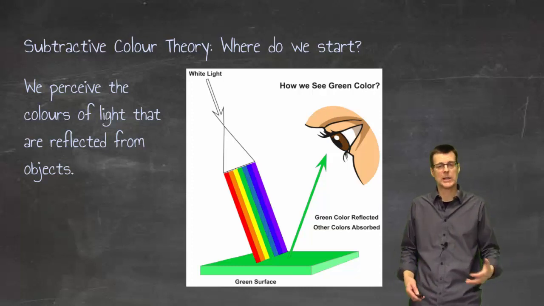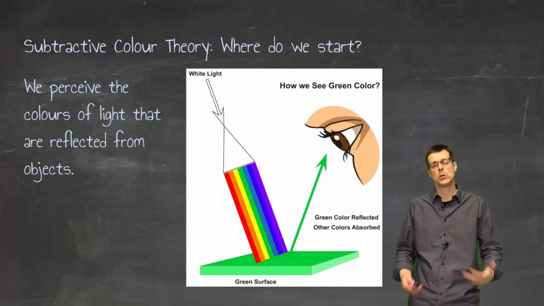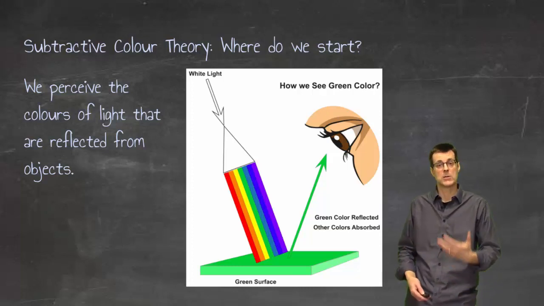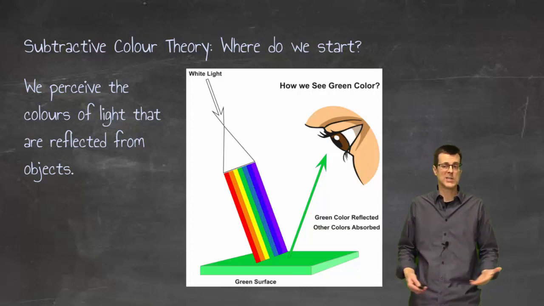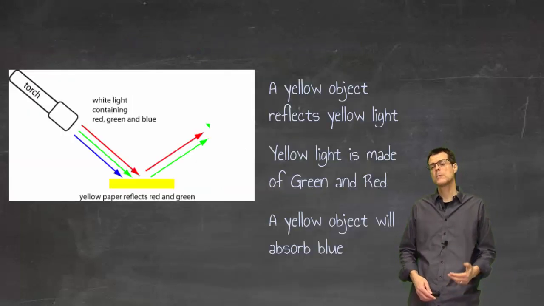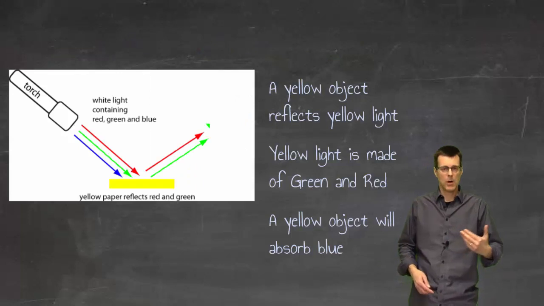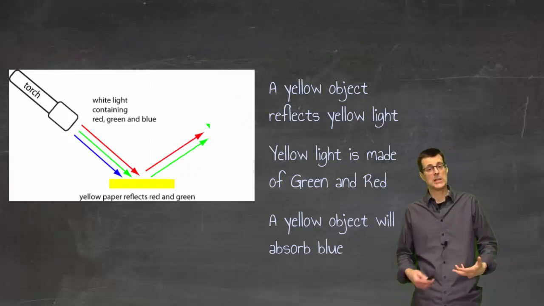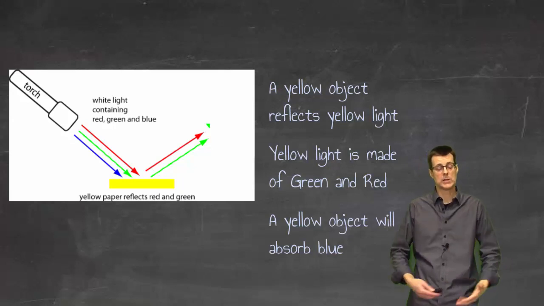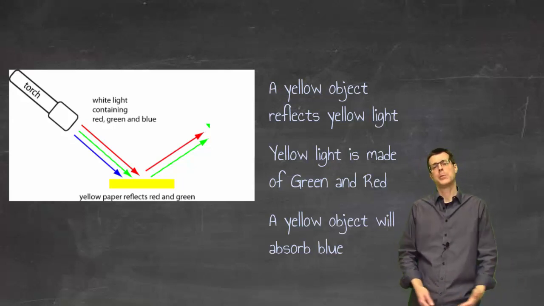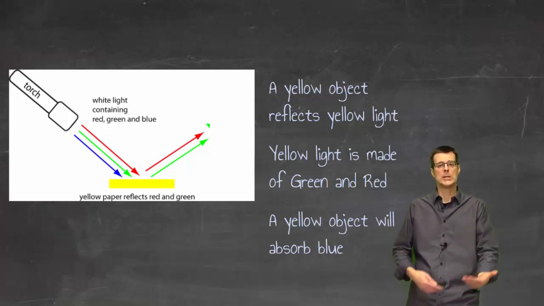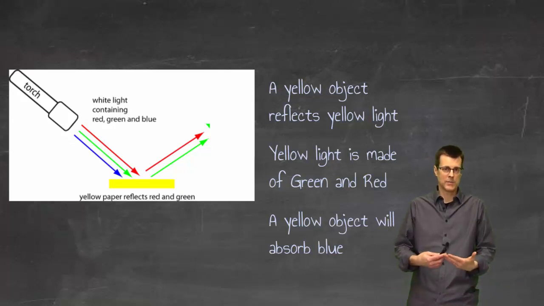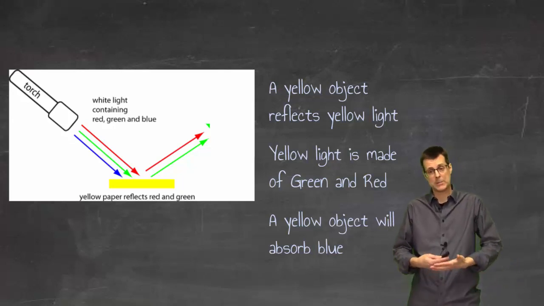So a green object looks green because green light reflects off. All the other colors get absorbed. So if a yellow object appears yellow to us, well, how do I get yellow light? I get yellow light by red and green. So a yellow object appears yellow because red and green reflect off of it, and red and green combine to make yellow.